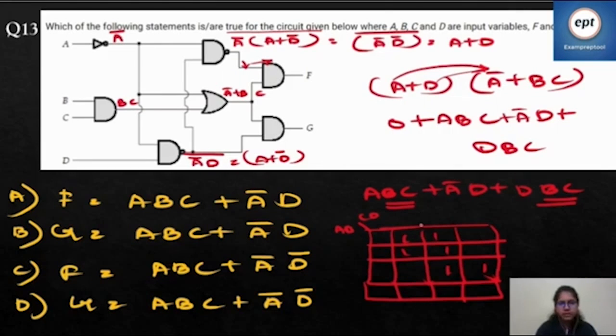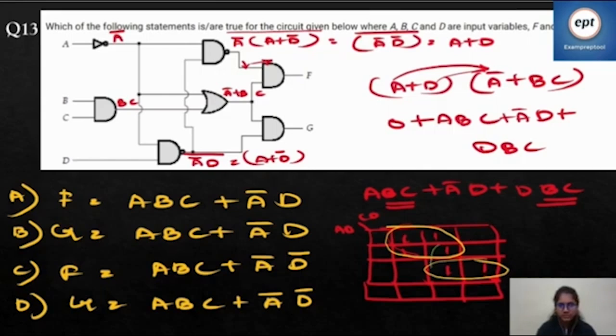So if we make the groups, which groups will we make? We will make this group of 4, and we will make this group, or we can make this group also.